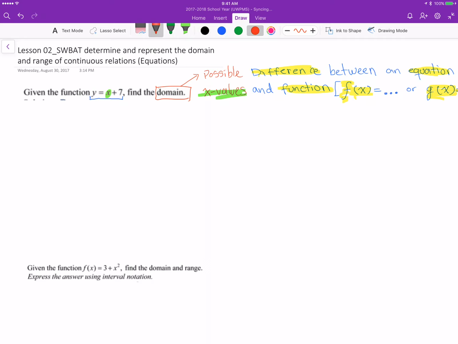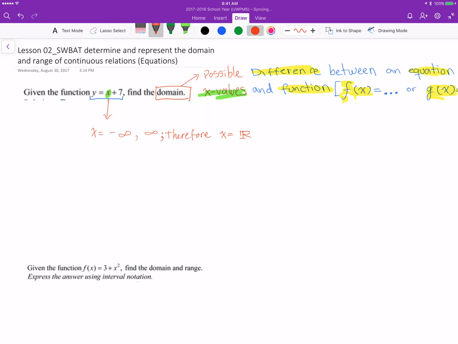We have absolutely no restrictions. So this x goes from negative infinity to positive infinity. Therefore, x equals all real numbers.